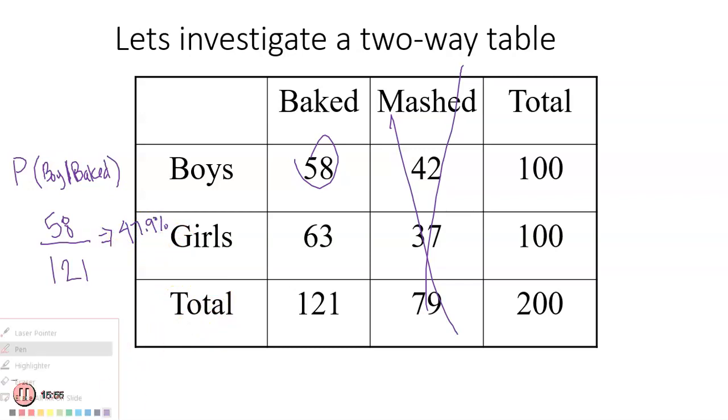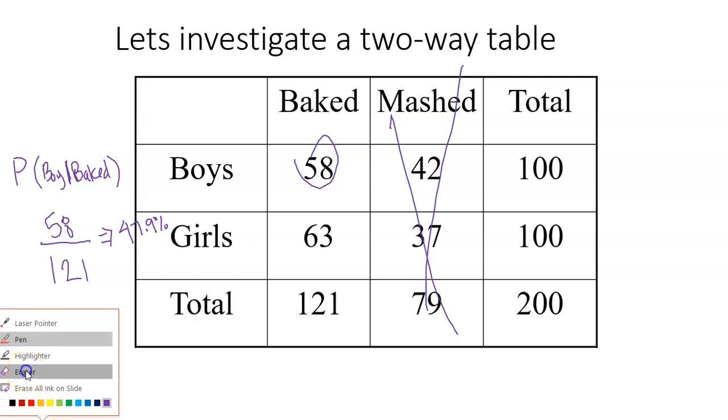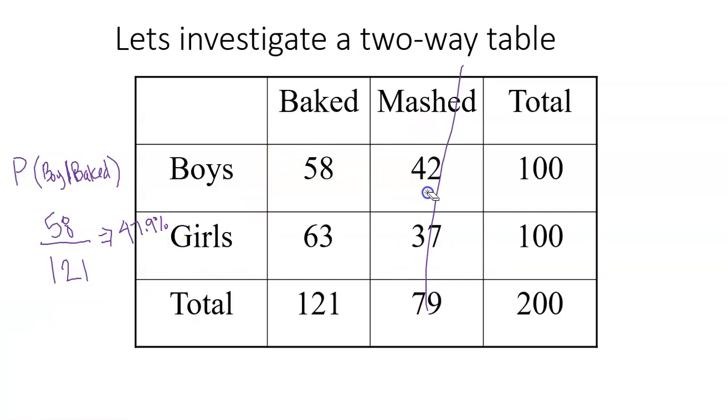Okay. So basically, if we're looking at a two-way table, we take whatever comes second, and that's going to be the column or row that I look at. I'm not going to look at anything else, because if I'm already given a piece of information, it takes some of that other information away. So what's the probability that a person prefers mashed potatoes given that they're a boy?